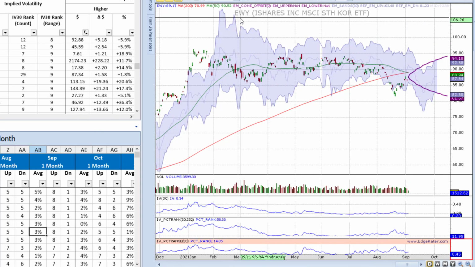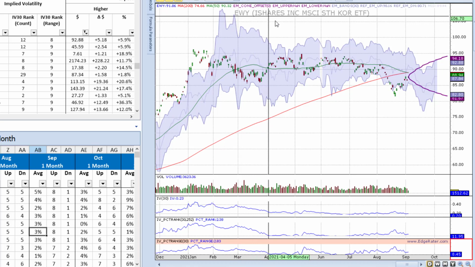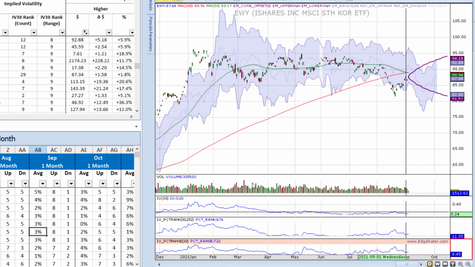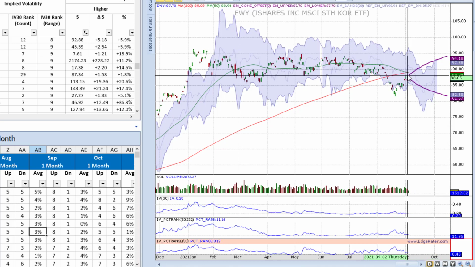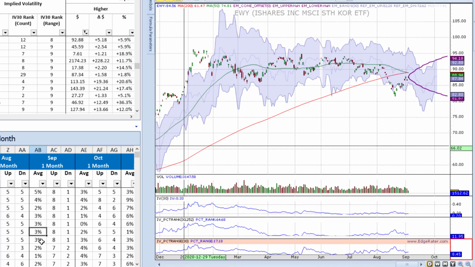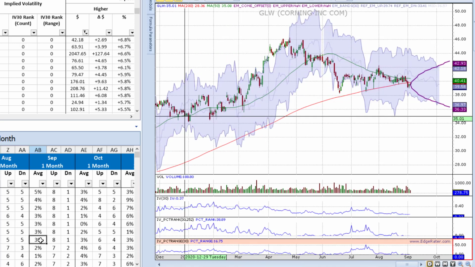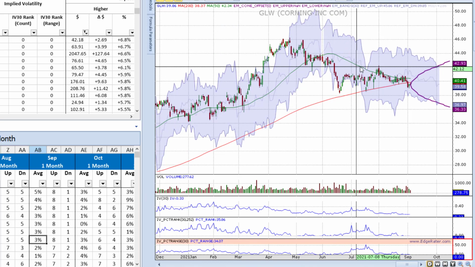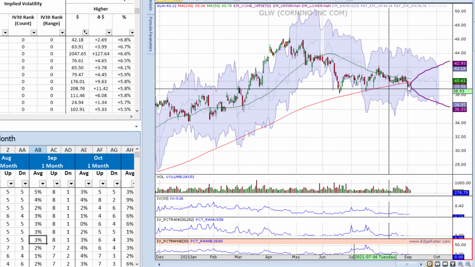Here you have EWY, which is your ETF for South Korea. Again, not very low. It's in the 12 and 8th percentile for rank, but has good upcoming seasonality. And then the last one that's with 8 and 1 is Corning, GLW. This is sitting right at the 200 period moving average.